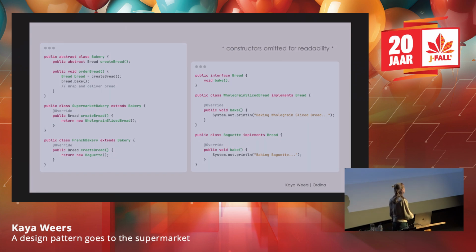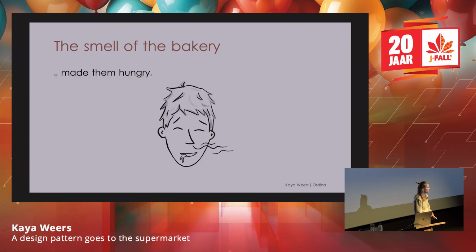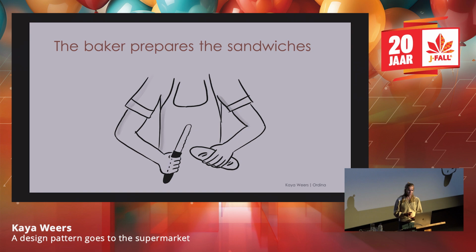So now they've smelled this delicious baguette, Billy and Bobby got really hungry. So they're thinking, okay, and they look at each other and they decide to order some sandwiches. So Bobby ordered a chicken sandwich and Billy one with vegetables. And they look when the baker prepares it.